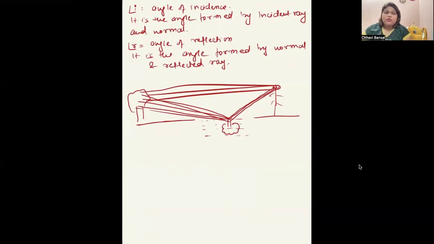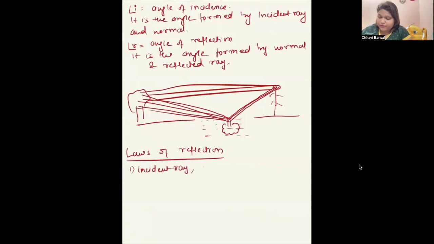Now we are going to talk about the laws of reflection. There are two laws of reflection, and after that, we'll be doing some questions based on these concepts that we have discussed so far. So the first law is: incident ray, reflected ray, and normal all should lie in the same plane.